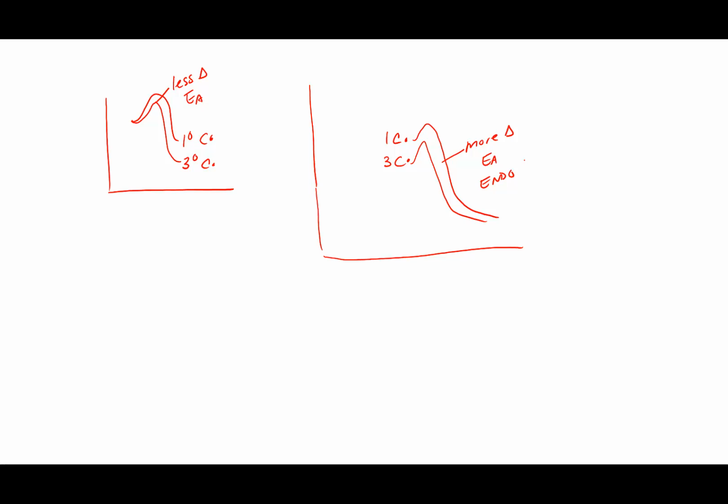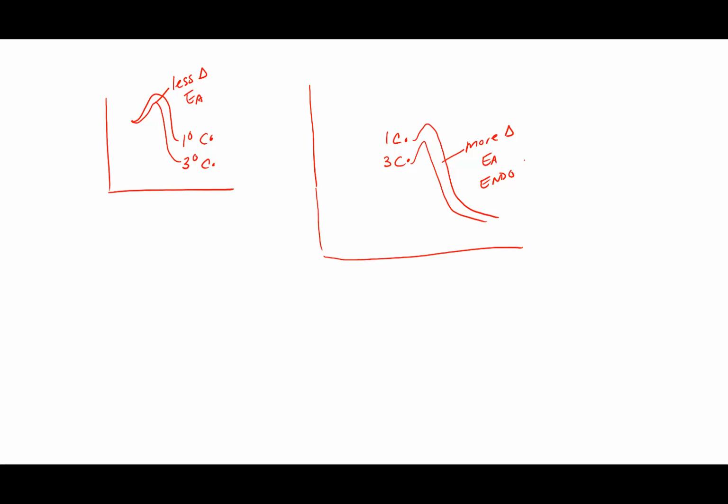Those little differences in activation energy are amplified because the rate equals A times E to the minus Ea. So everything is logarithmic here in the Arrhenius equation. So the smaller differences in exothermic mean that the rates are going to be more comparable.